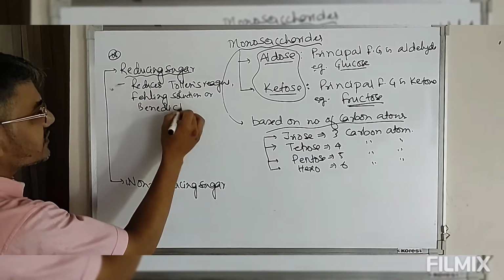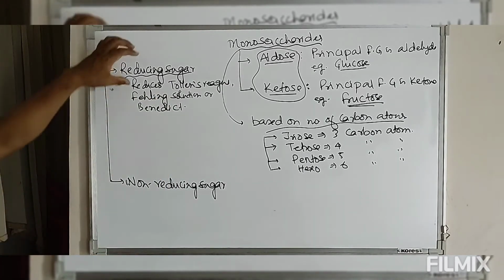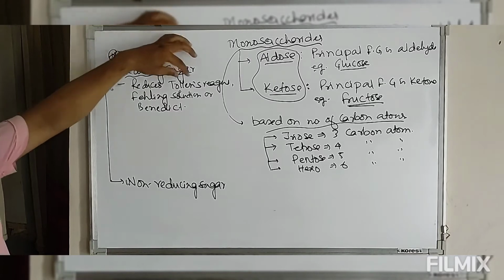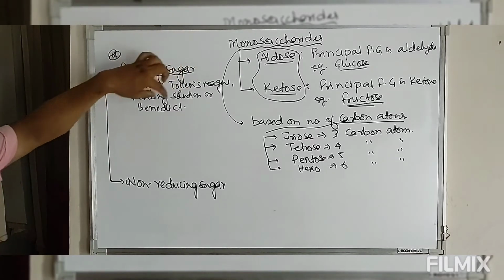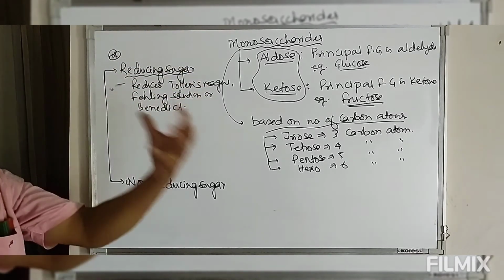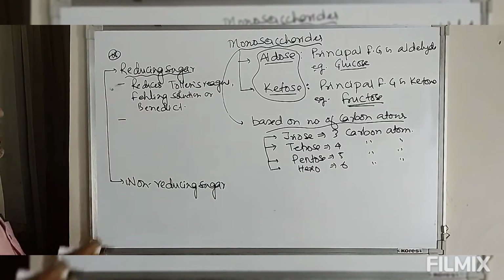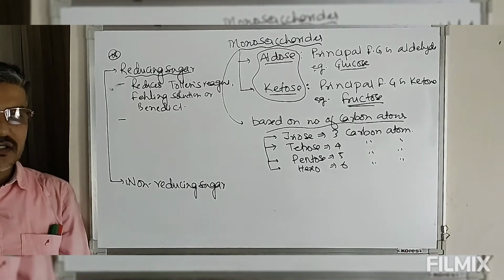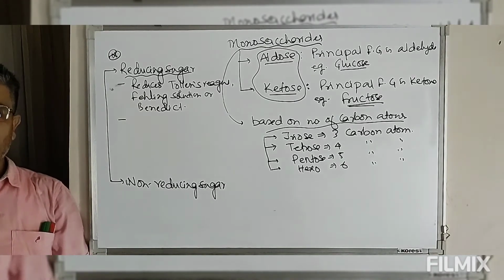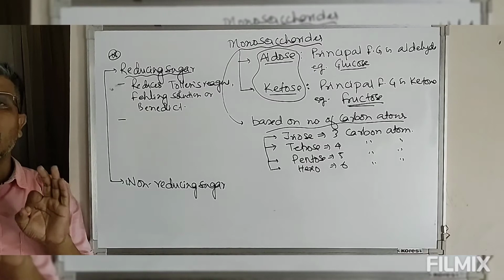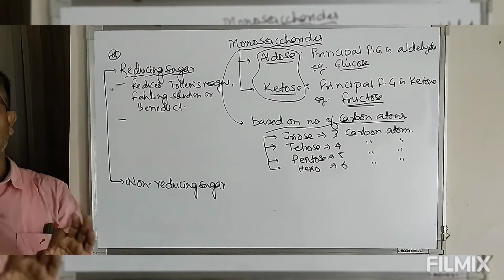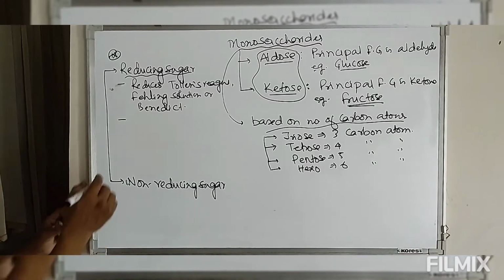So if the given sugar solution reduces Tollens reagent, Fehling solution or Benedict solution, those sugars are known as reducing sugars. So all these reducing sugars either have a free aldehyde group or a free alpha hydroxy ketone group.